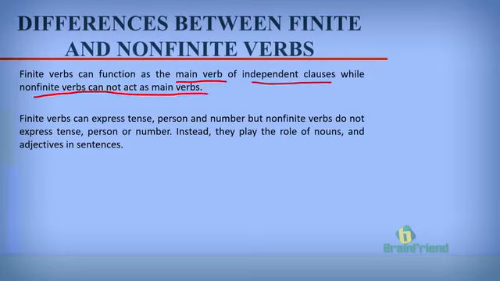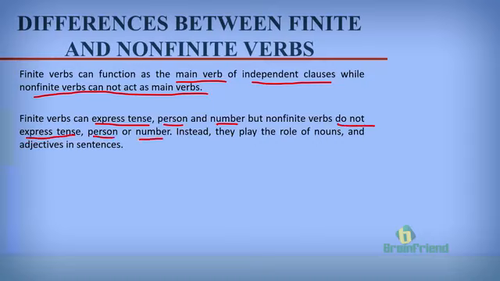We said that earlier, that finite verbs function as the main verbs of independent clauses, but non-finite verbs cannot function as main verbs because they do not specify tense, person, or number. Another difference between finite and non-finite verbs is that finite verbs can express tense, person, and number, but non-finite verbs do not express tense, person, or number.